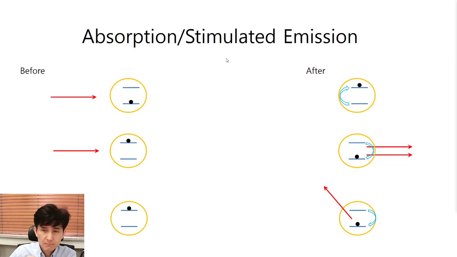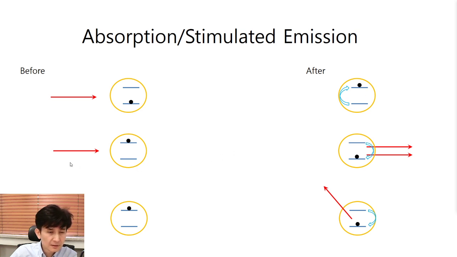With the diagram, we can consider one photon coming in to an area where there exists an atom in the ground state, and after the collision, the photon disappears and the atom becomes excited. That means the number of photons is decreased by 1, while the number of atoms in the excited state is increased by 1.